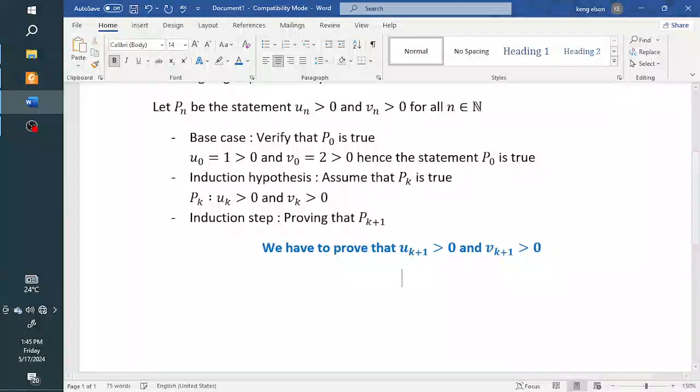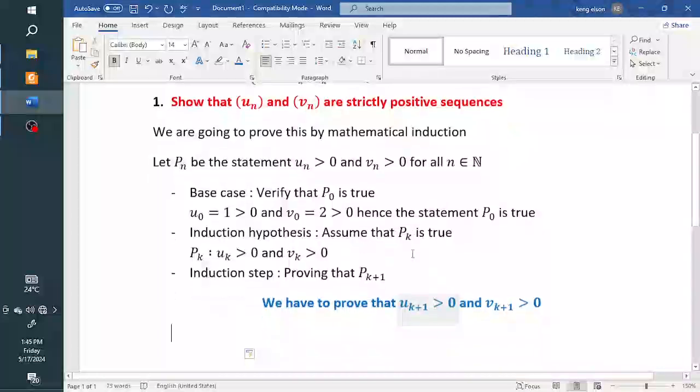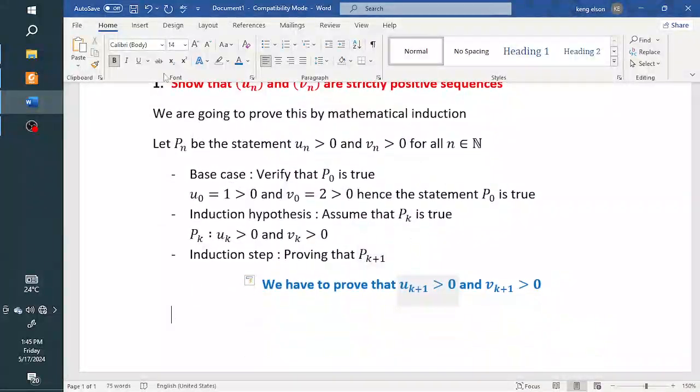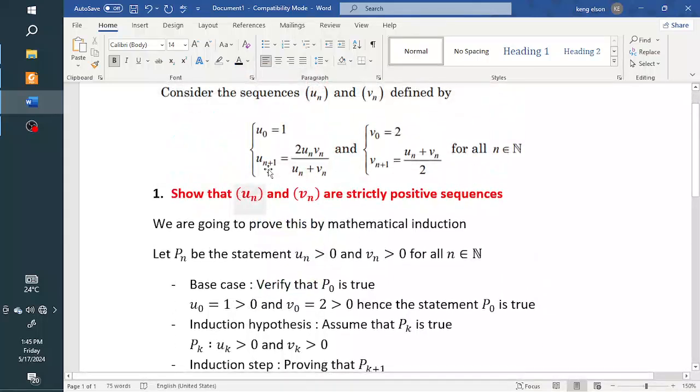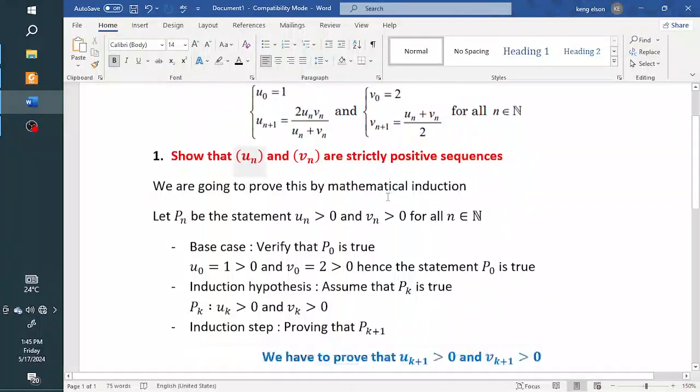To prove that uk plus 1 is greater than 0 and vk plus 1 is greater than 0, we need to begin with what uk plus 1 is. If you go back to the original question, you can get uk plus 1 by replacing the n with k.